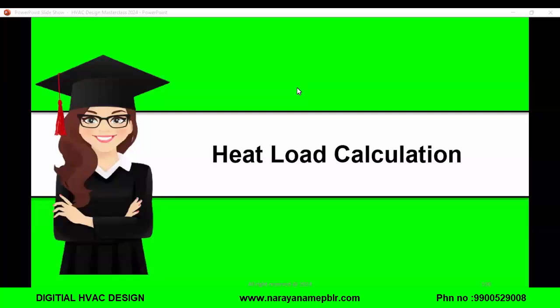So this is the main topic of HVAC, right? Heat load calculation, heating and cooling load calculation. When we start, two things are there. Either you can go for cooling or you can go for heating.